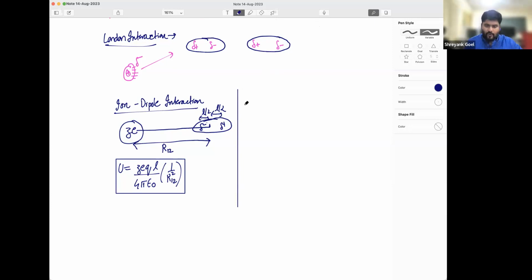So what happens if, instead of this, the dipole is arranged at some angle? That is already also discussed. So we have this kind of arrangement, let's say this is Q, this is R, this is R12.